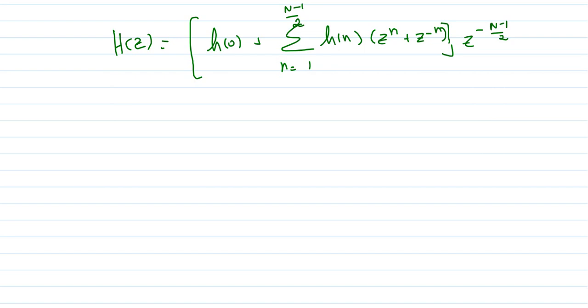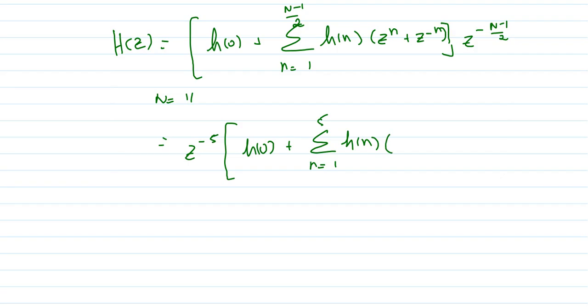For our case, when N equals 11, I'll take the z power minus 5 term first: z power minus 5 into H of 0 plus summation n equal to 1 to 5 of H of n (z power n plus z power minus n).